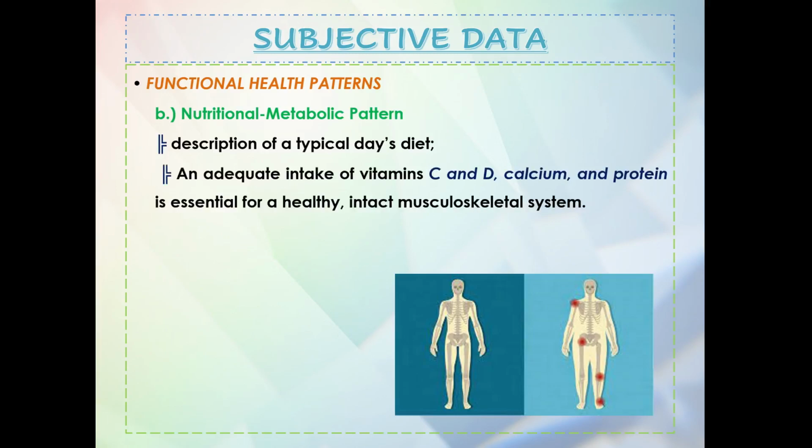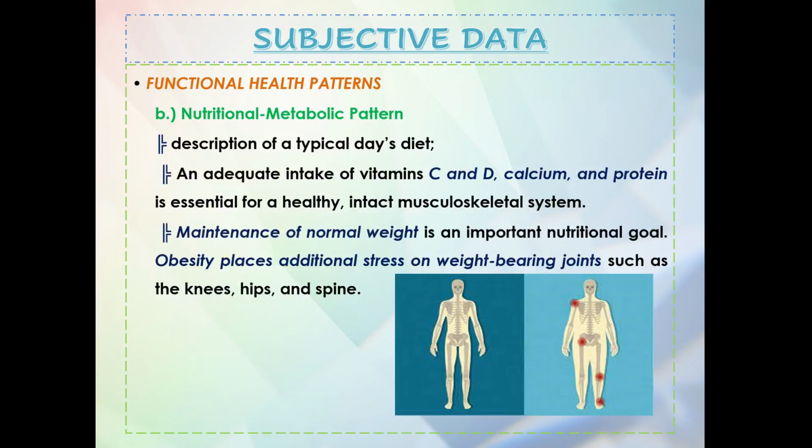So an adequate intake of vitamin C and D, tapos calcium and protein is essential for a healthy, intact musculoskeletal system. So these are just some of the gusto nating malaman when it comes to the client's diet. And then maintenance of normal weight is an important nutritional goal.